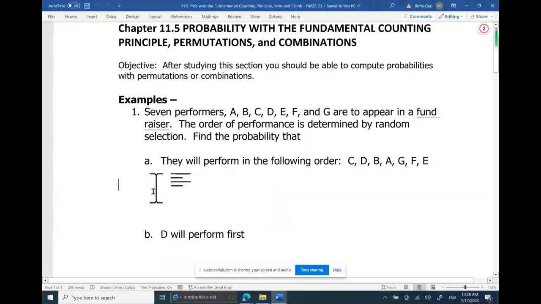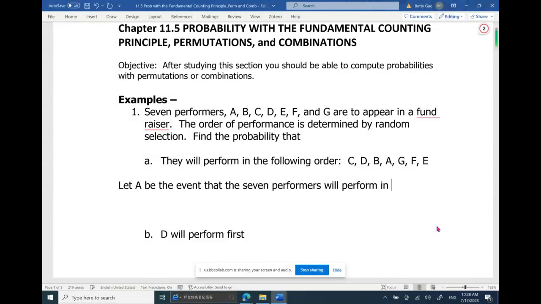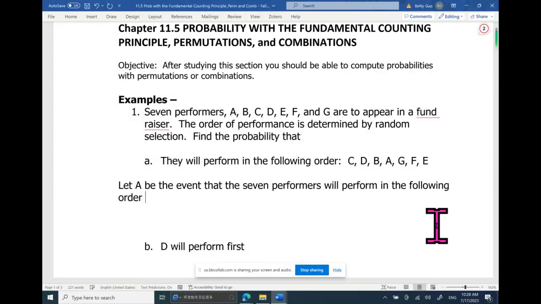Okay, so let's do this. Let A be the event that the 7 performers will perform in the following order: C, E, B, A, G, F, D. Just take some time to write it down.